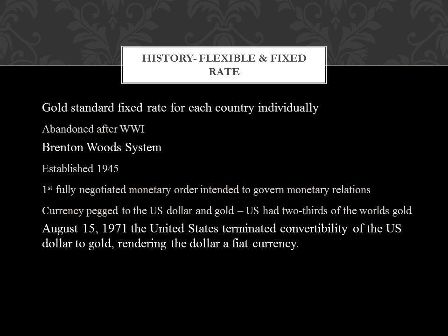So then there was the Bretton Woods system. There was a group of 44 allied nations that got together, the United States, Canada, Western Europe, Australia, Asia, Japan, and they worked on a policy.